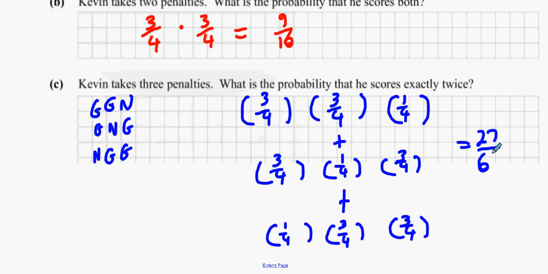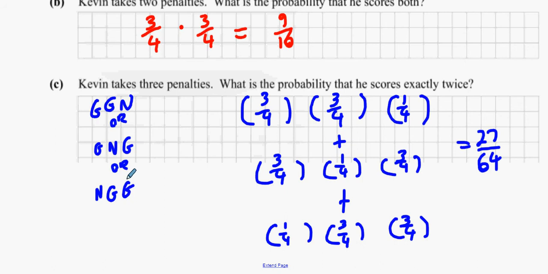Now, so once again, would you have gotten that right in the exam so far? Some would, some wouldn't, right? How did you just add up? See, this is an and, which means multiply, or an or, which means addition. So in this case, I could do goal, goal, no goal, or I can do goal, no goal, goal, or I can use no goal, goal, goal.